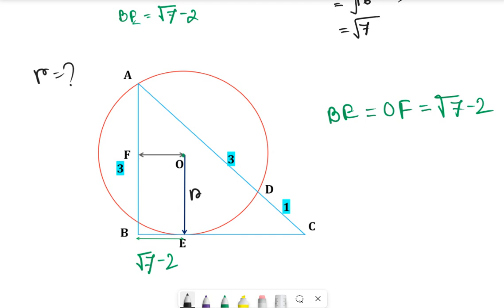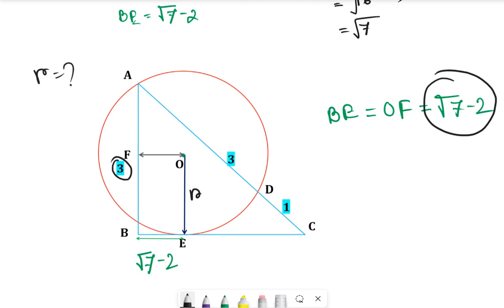And of course, FO or OF and BE, we have got the value square root of 7 minus 2. Now what you can do, we know the length of AB is 3.